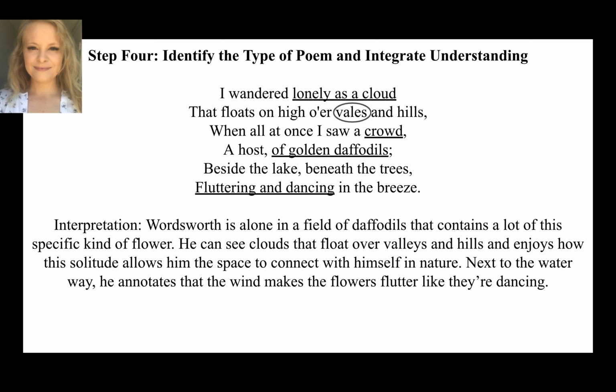Because the Romantics want to spend time by themselves so that they can learn about themselves and become aware of themselves and their surroundings. So he's wandering around lonely because he's being given the opportunity to connect to himself. And he's seeing things like valleys and hills, and daffodils that are beautiful.